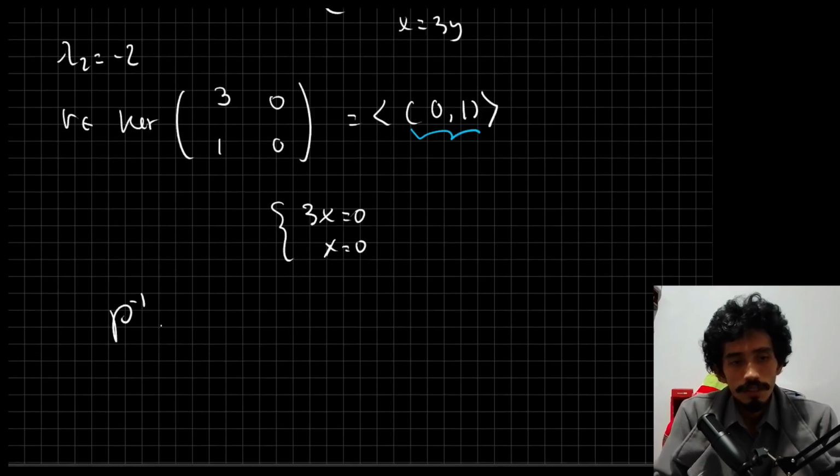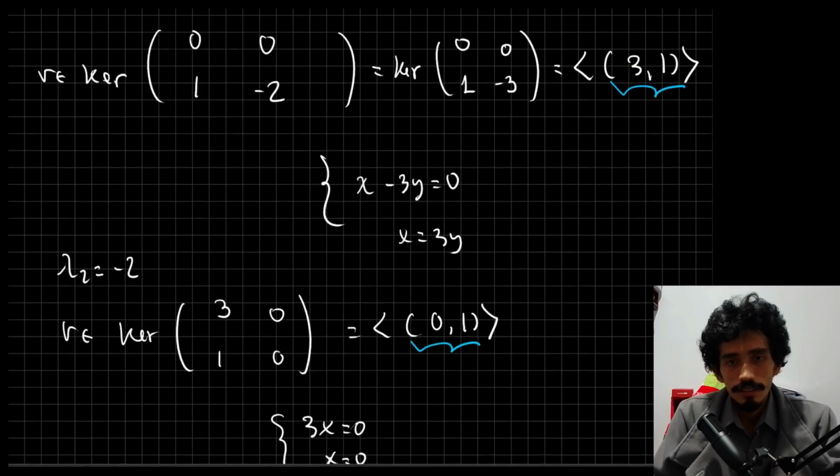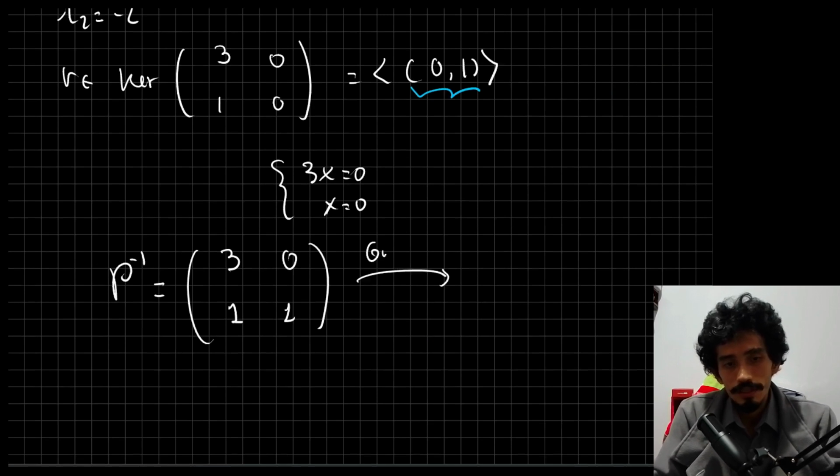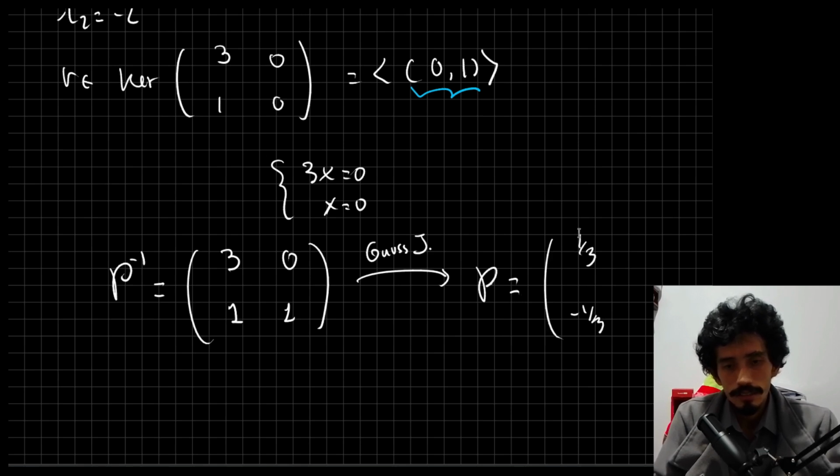So the matrix P, the inverse of P, will be this, a column which is 3, 1, and then 0, 1. Once again, Gauss-Jordan to find P, and I have calculated this here, and it's a third, minus a third, 0, 1.